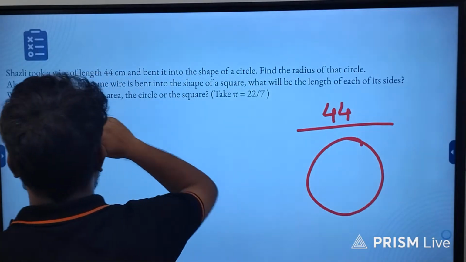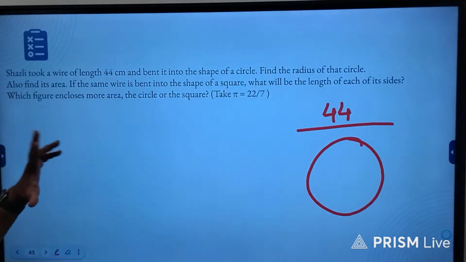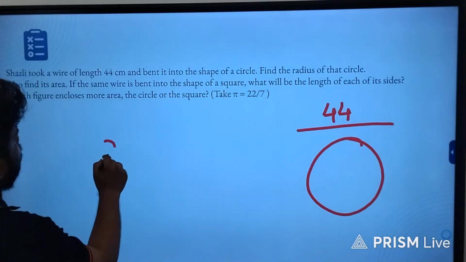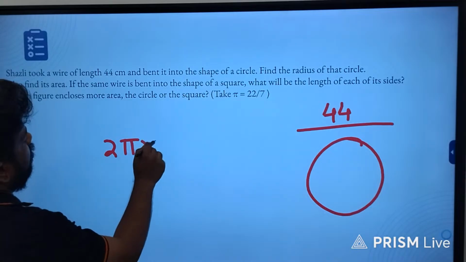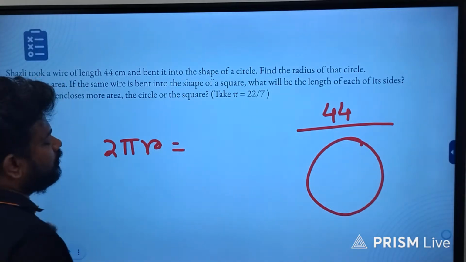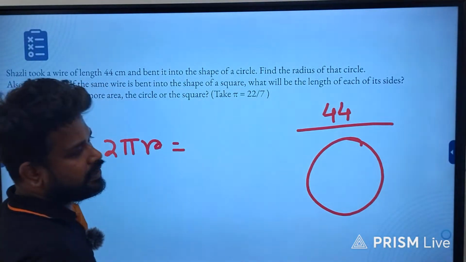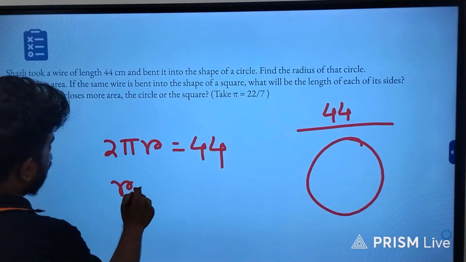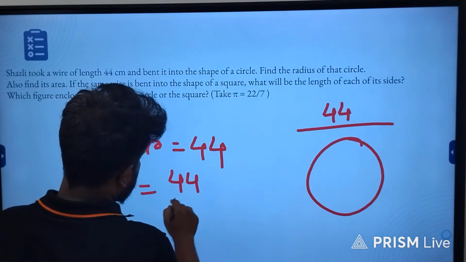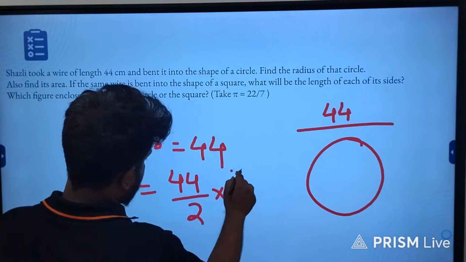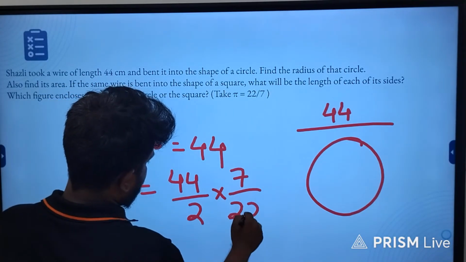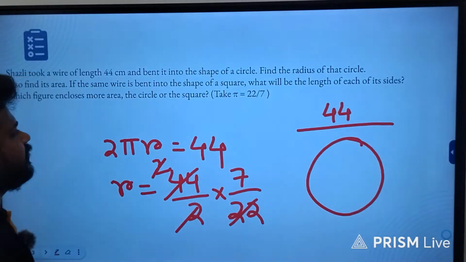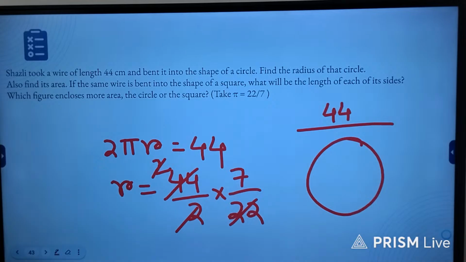So, if this wire of length 44 centimeter is bent into a shape of a circle, the perimeter, that is 2 pi r for the case of a circle, will be 44. From that we will get the r as 7.